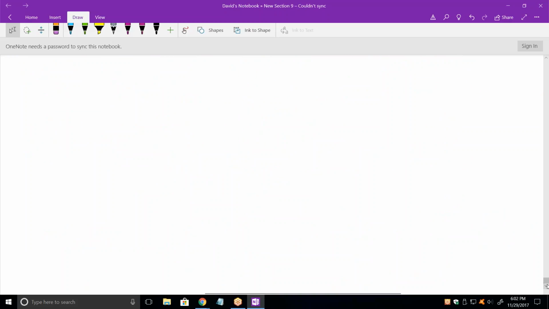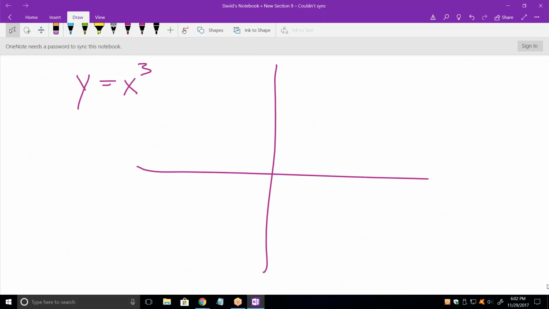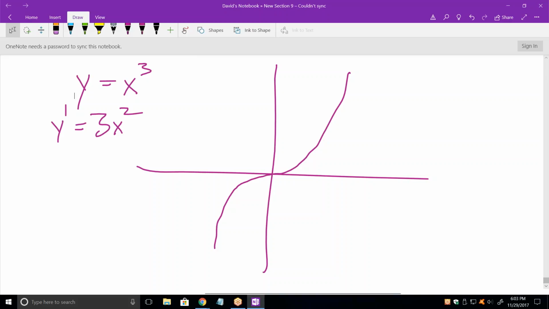If I have this function, y equals x cubed, if I take the first derivative, I find that there's a critical point at x equals 0. It's not a local maximum or minimum.